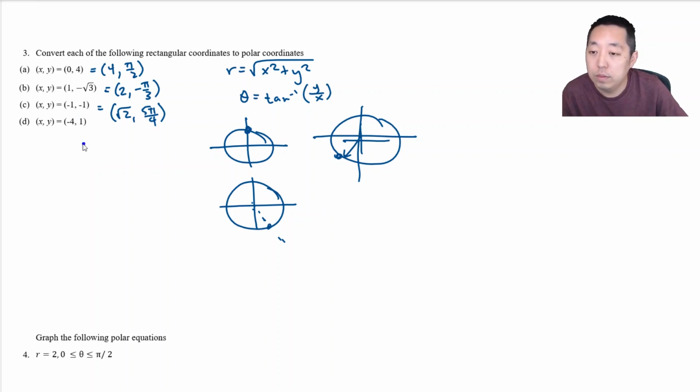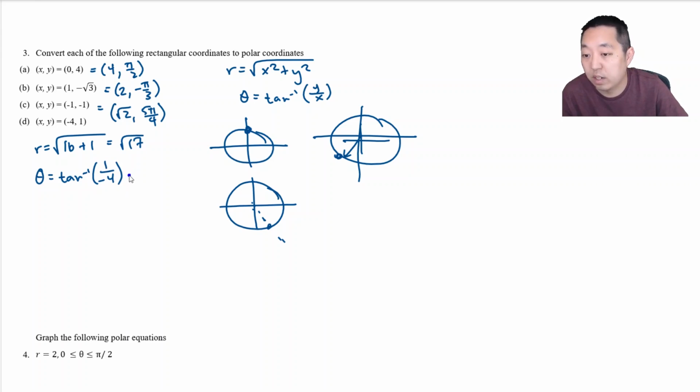Negative 4, 1. So here we're going to actually use a calculator probably. It's 16 plus 1. 4 squared is 16. So square root of 17 is the radius. And the angle is going to be arctangent of 1 over negative 4. I don't know what that is. So let me just use my calculator real quick and put it into radian mode, arctangent of negative 0.25.